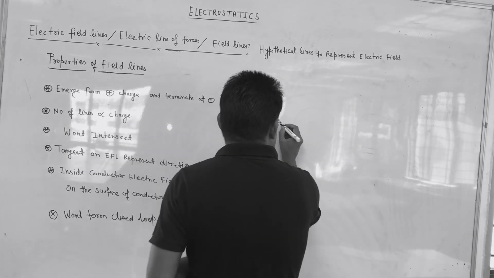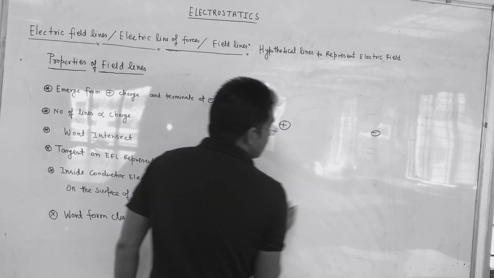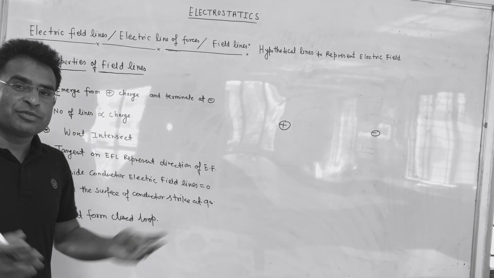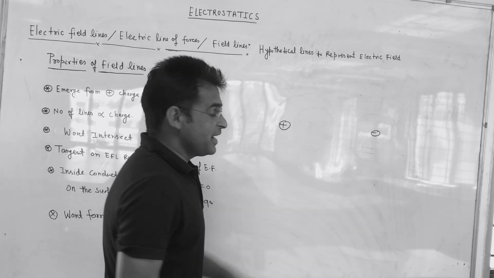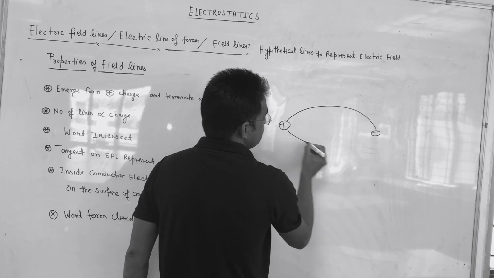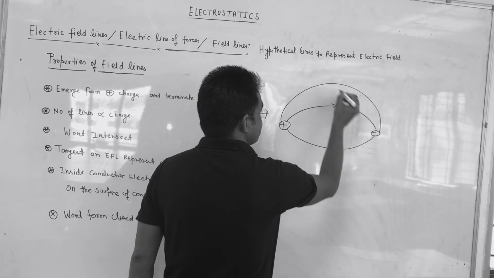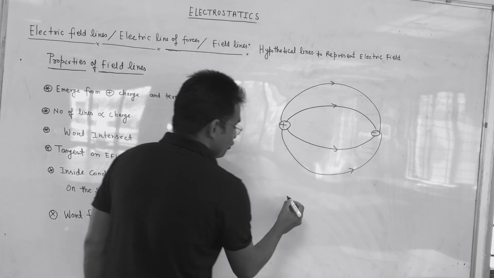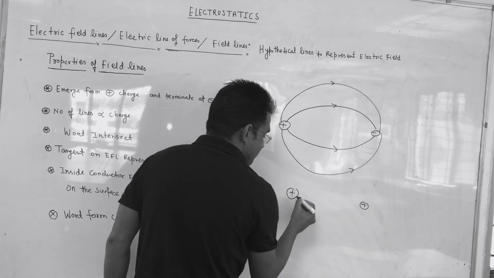Let's say this one is a positive charge and this one is a negative charge. According to this first property, the electric field line always emerges from the positive charge. It means it always starts from the positive charge and ends at the negative charge. So if I want to make electric field lines, it will be like this. If both are positive charges, then it will be like this.